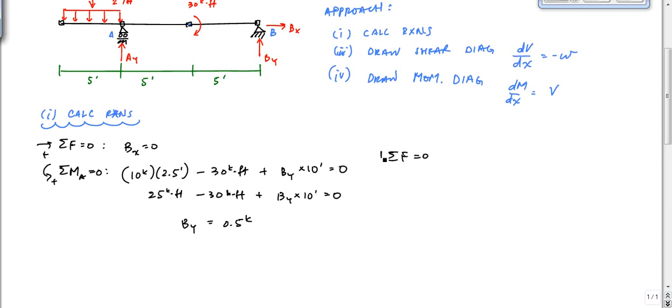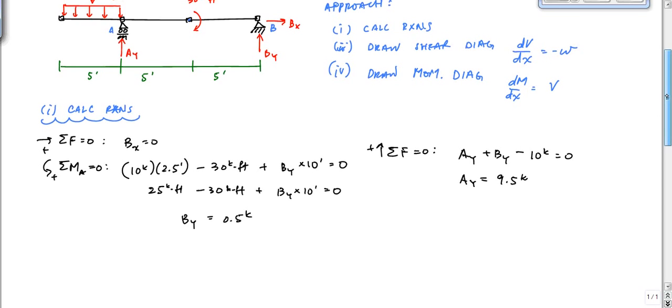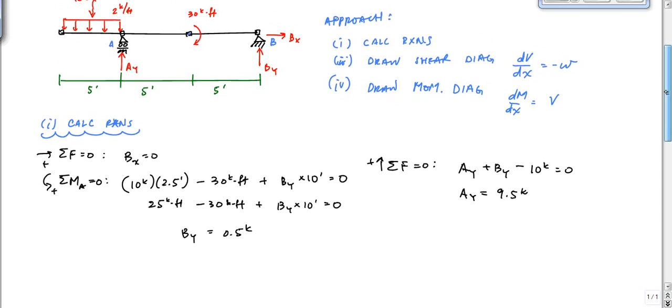Summing forces in the vertical, Ay plus By minus 10 kips equals 0, so Ay is equal to 9.5 kips. Yay. Congratulations, you have passed one question in statics.